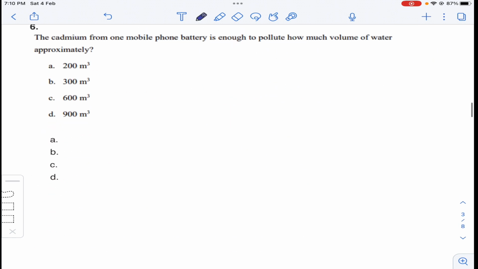Coming to question number 6. The cadmium from one mobile phone battery is enough to pollute how much volume of water approximately?